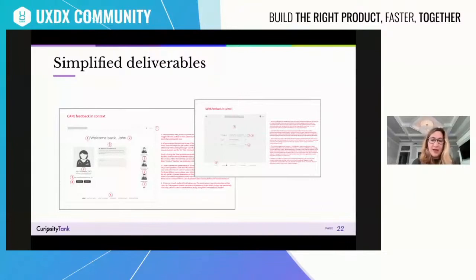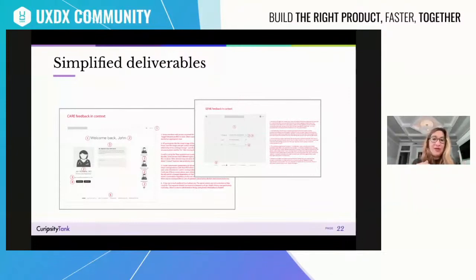So for instance, I would conduct research on Thursdays. I would analyze and synthesize on Fridays. I would present very lean deliverables to the design team and the eng lead on Mondays. This is an example of my visual markups. This is what I would present.